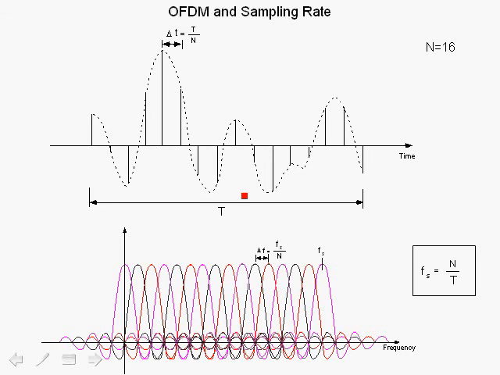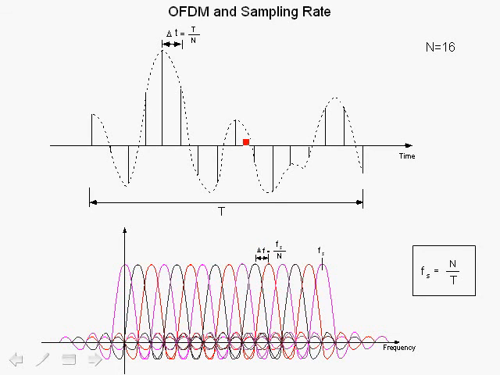But in our example here, we are taking 802.11a, so the bandwidth is equal to the sampling rate. But that is not necessarily the case, and we can have oversampling, where the sampling rate is larger than the bandwidth.